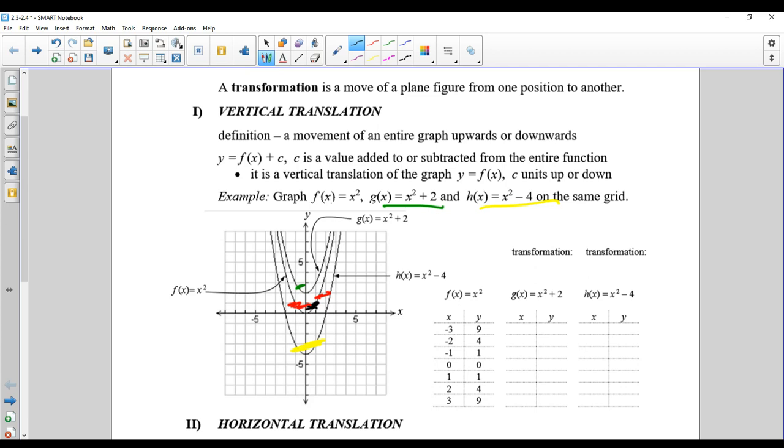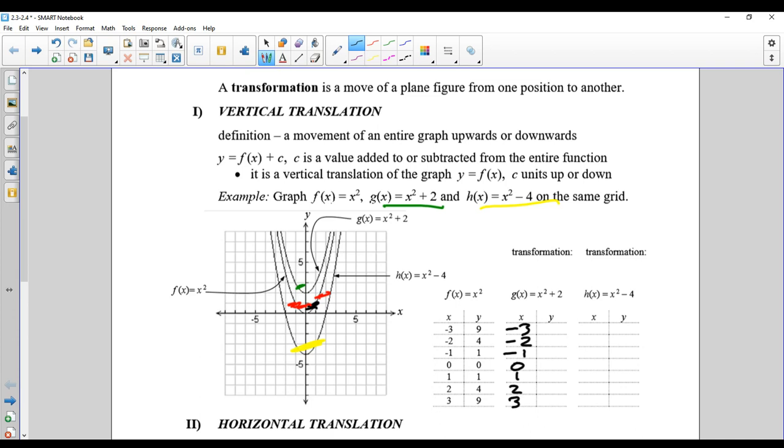In my little chart right here, I'm just going to repeat the x's. Minus 3 used to be at 9 in the regular y equals x squared function, so minus 3 is still there. Minus 2 is still there. Just keep repeating all of these numbers. Those numbers are not affected. X's remain the same for a vertical translation.